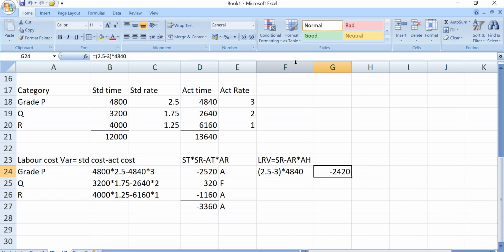So 2420 adverse. Same way for Q. Q standard rate is 1.75 minus actual rate 2. So obviously this will be adverse, into my actual hours, that is 2640. So this is also adverse.